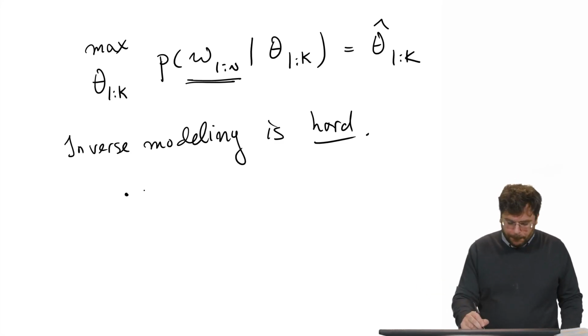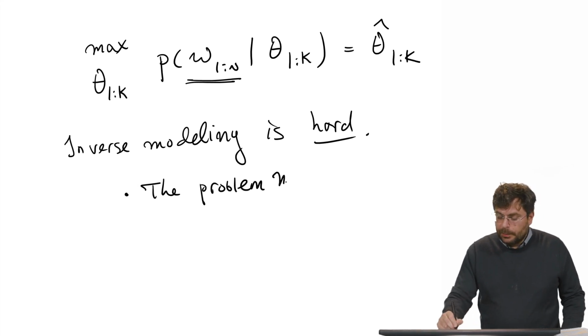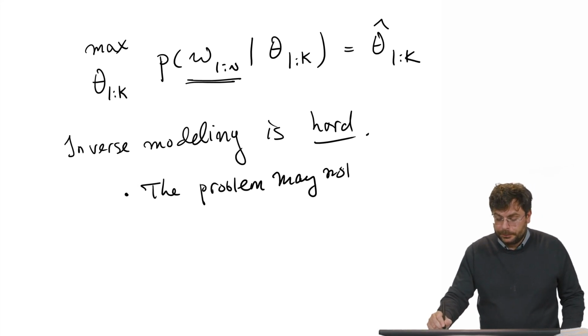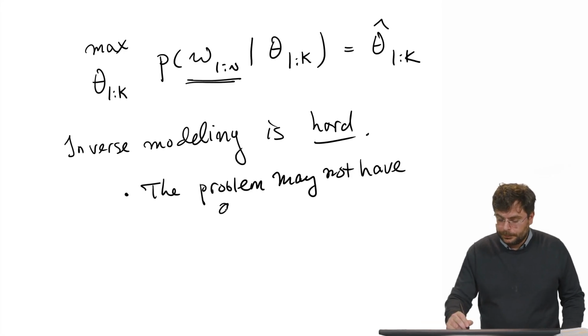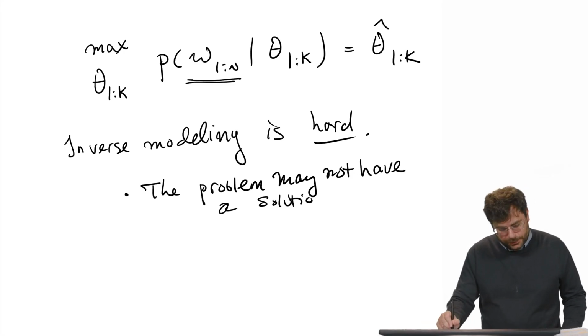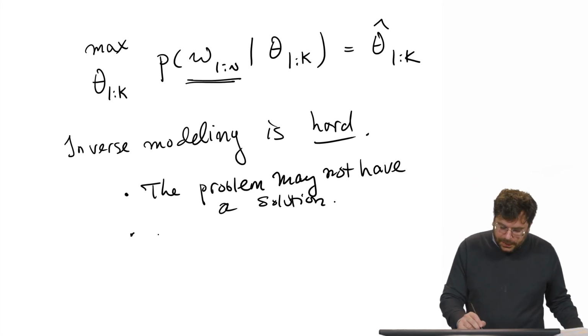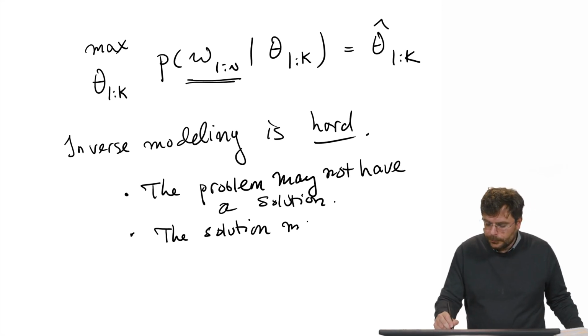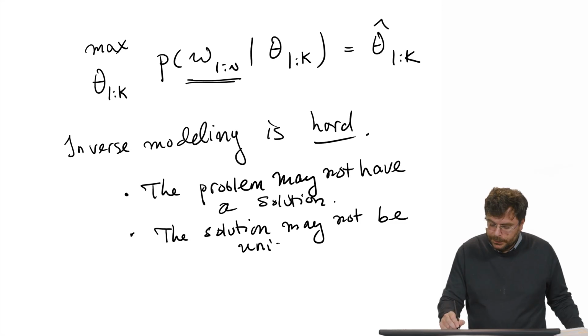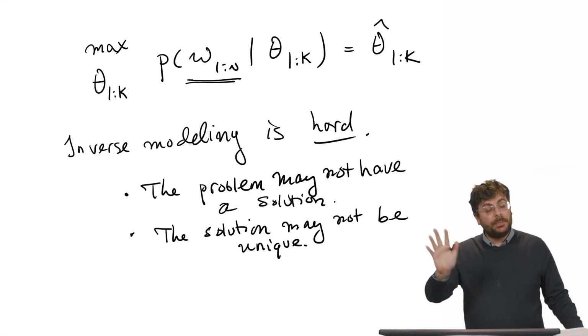Well, the problem may not have a solution. Especially if you're starting with the wrong model, you'll get nonsensical results. The solution may not be unique. This is all typical of inverse modeling.